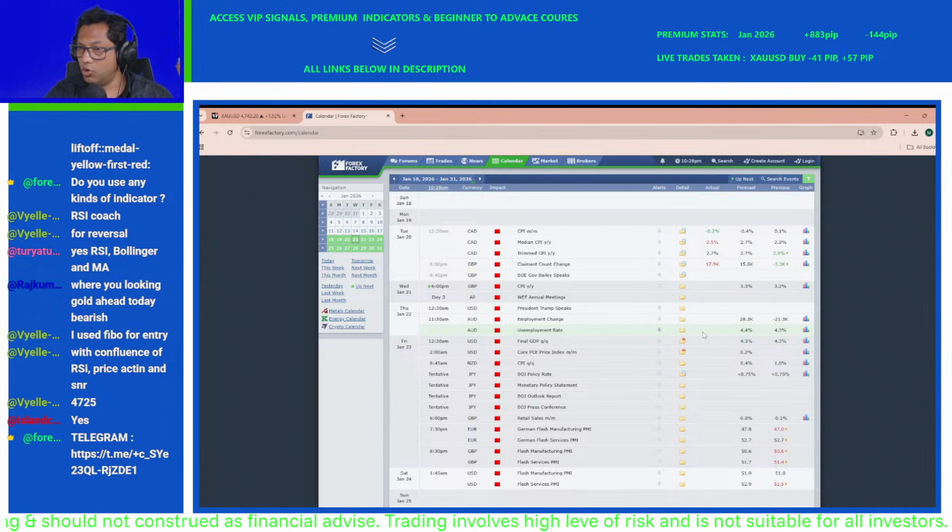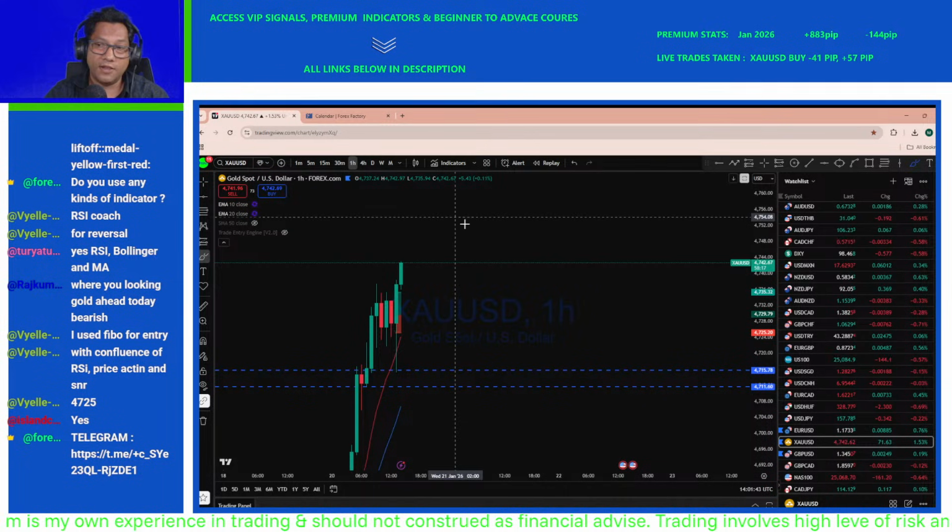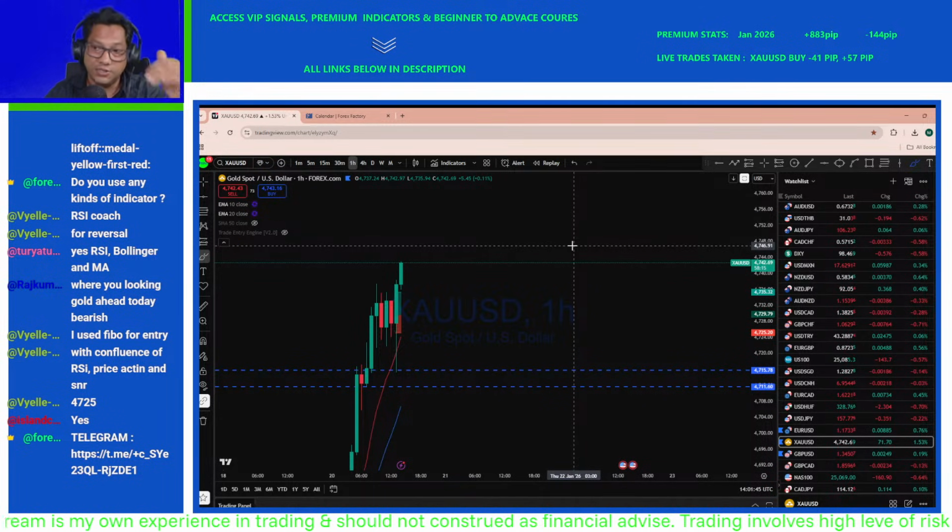You will see that tomorrow coming up is GBP CPI. So there are some significantly important news coming. Now news is important because the market becomes volatile when there is news.